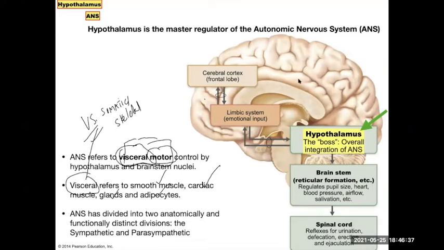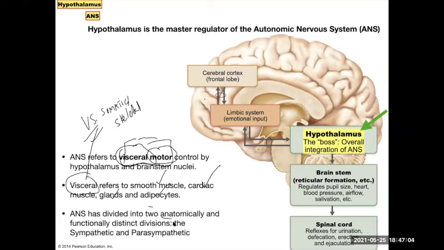When you're trying to organize, think of the way the brain is organized, you look at different books and they organize it differently. Some of it is arbitrary, like how they classify one thing. But these two divisions have very different anatomical organization, and their effect on their organs is going to be almost the opposite.